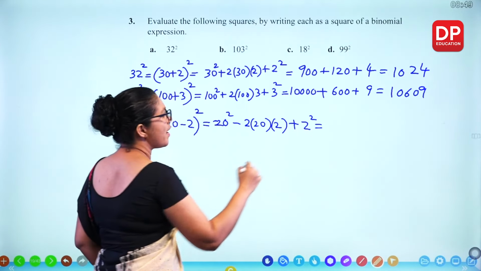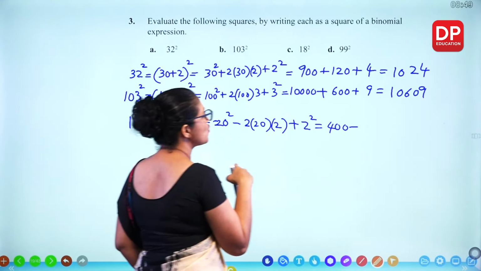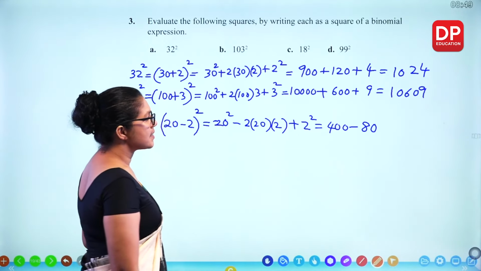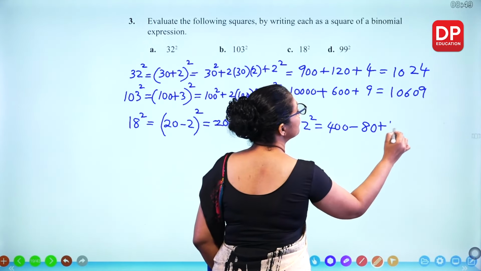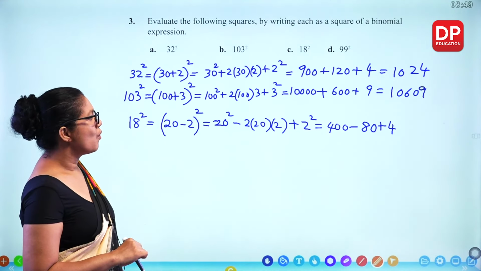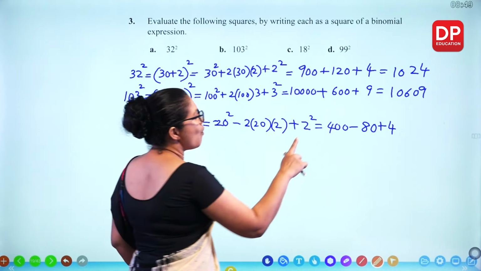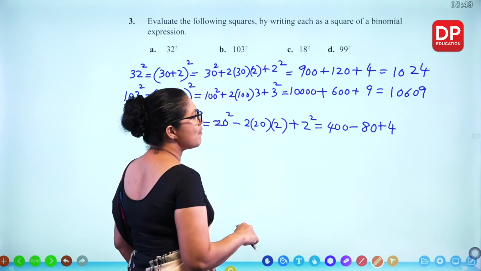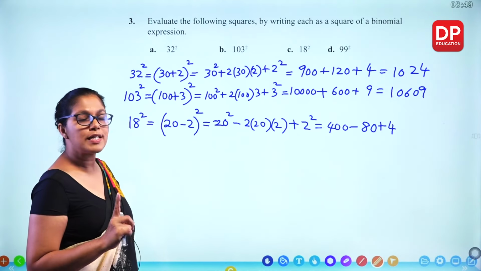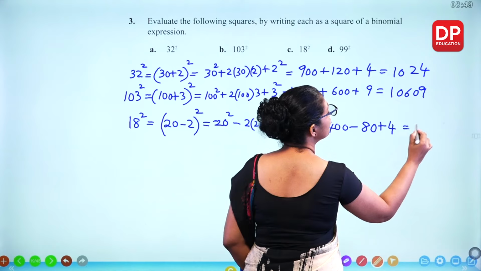Expand. 20 squared is 400, minus 2 times 2, 4, 4 times 20 is 80, and then plus 2 squared is 4. Now when you simplify, what you get? 400 minus 80, what you get? 320. 320 plus 4, 324.